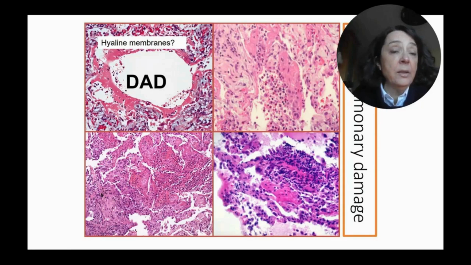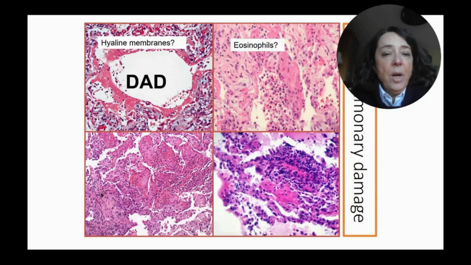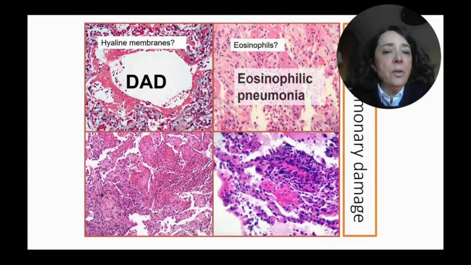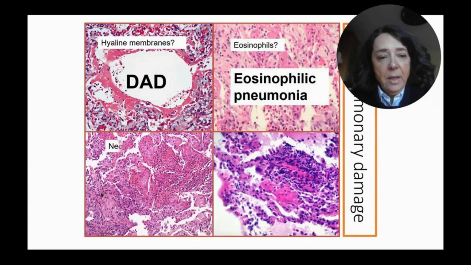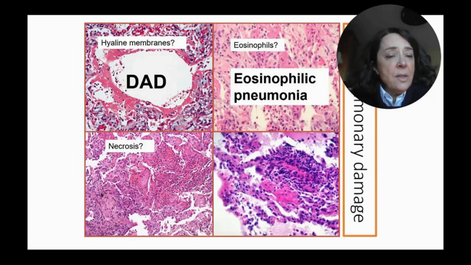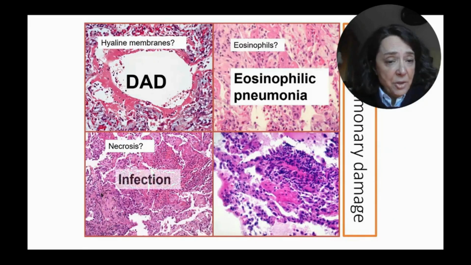It could be, in the latest classification, idiopathic if you don't know the cause, or secondary to infection or whatever other condition. In the second, you have eosinophils, so you have an acute lung injury with eosinophils. Normally it is eosinophilic pneumonia. If you have necrosis and fibrin, the first thing you have to think of is infection.